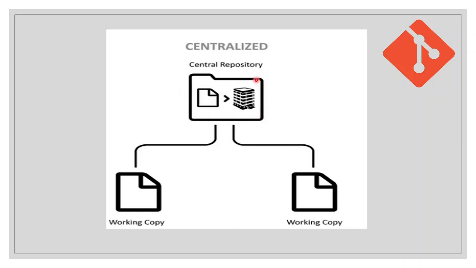In this repository, we maintain the history of the changes, and here is the local copy for one developer machine, and here is another developer machine. It just holds a copy, and the history is maintained in the central. So if the central goes down, no one can communicate with the central. In those cases, you won't see the history in your local either.